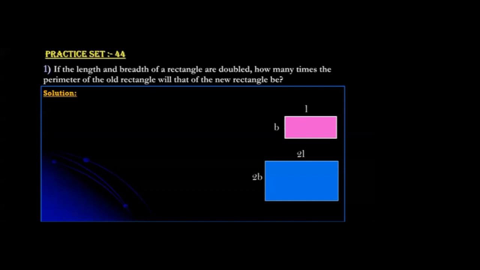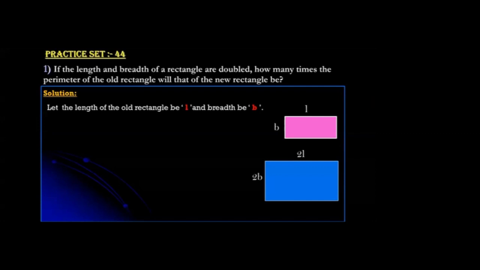So now we have the length and breadth of both rectangles. Pink one is the old rectangle and blue one is the new rectangle. What we have taken in the figure, the same we are going to write in the solution.